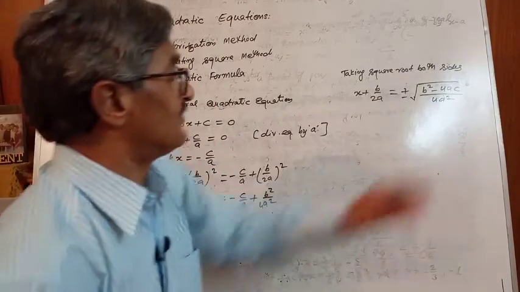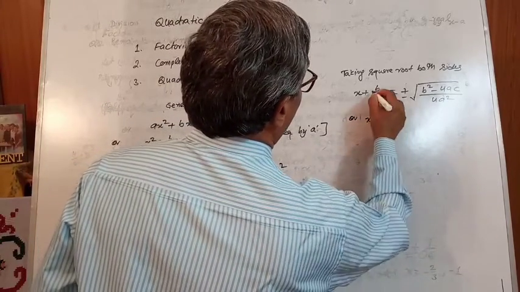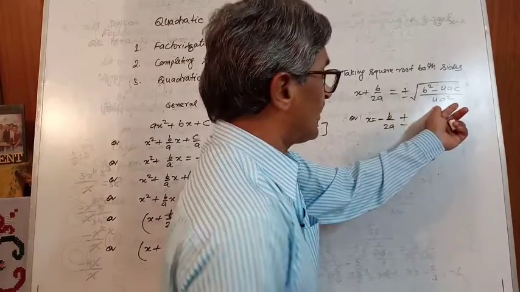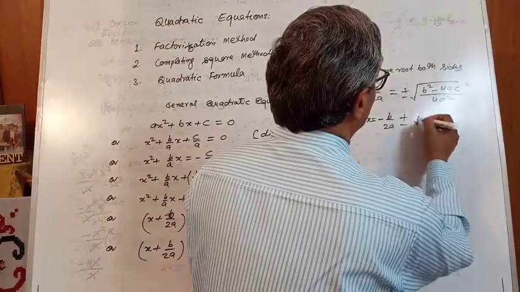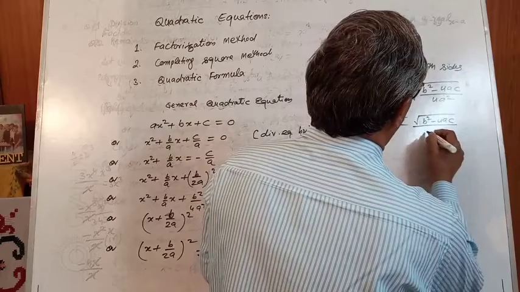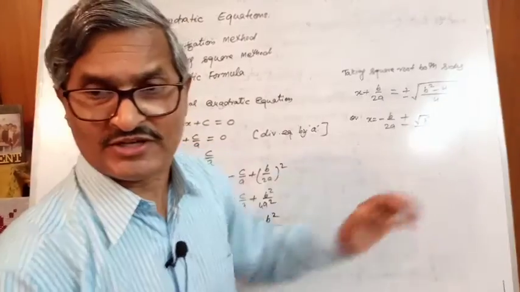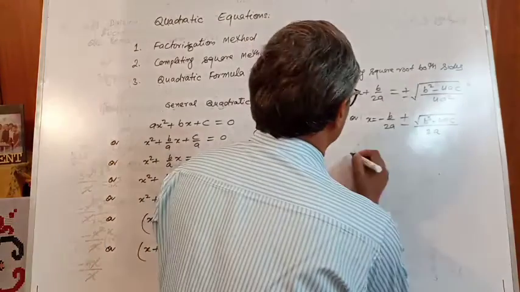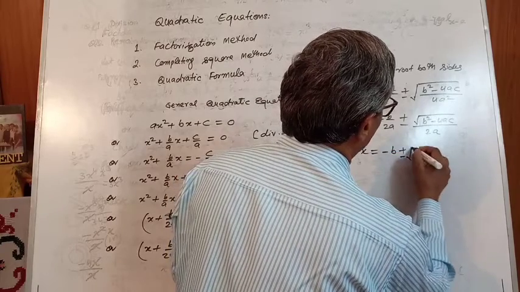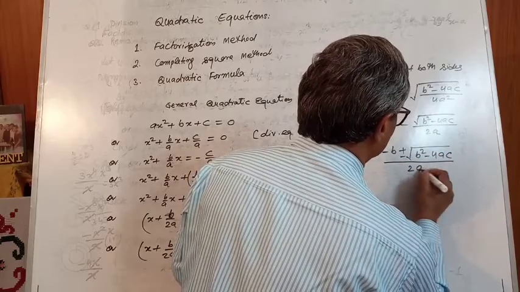Now transpose this b by 2a. x equal to minus b by 2a plus minus, here we can take the square root of 4a square, that will be 2a, and the numerator stays as it is under the root, over 2a. Both denominators are 2a, so we can join them together and write it as minus b plus minus under root b square minus 4ac whole upon 2a.